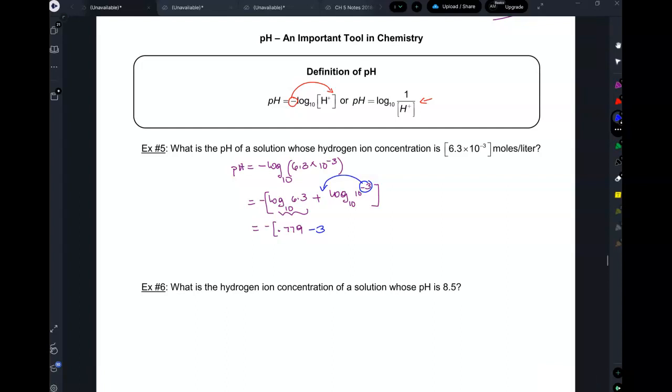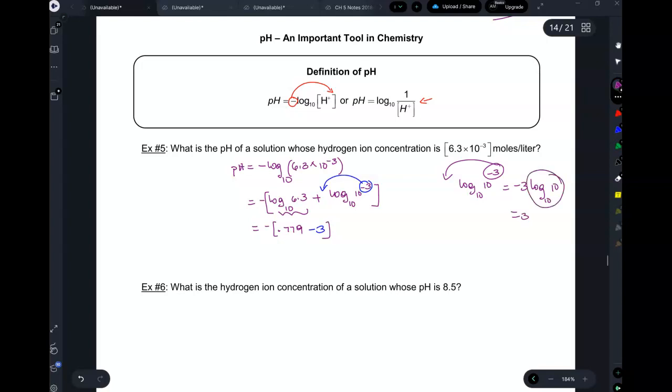So this is still negative 3 times 1. So you have log base 10 of 10 to the negative 3. Negative 3 moves down, so I have negative 3 log base 10 of 10. So this is negative 3, and then all that is just 1.